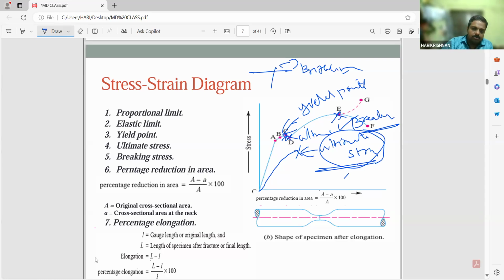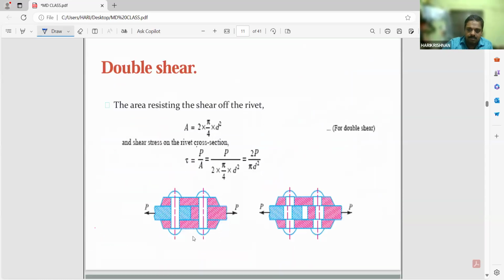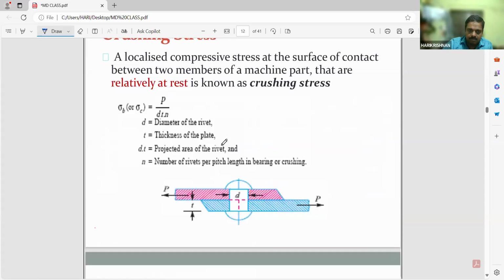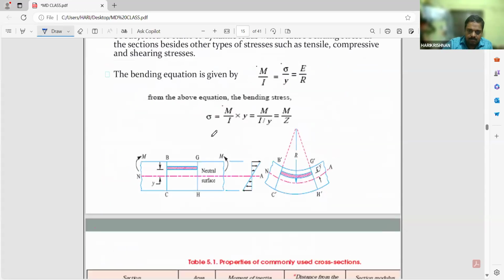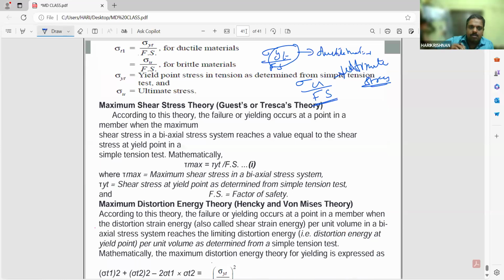So that is what sigma T1 is: ultimate stress. Sigma T1 is sigma YT by factor of safety. YT represents ultimate stress.